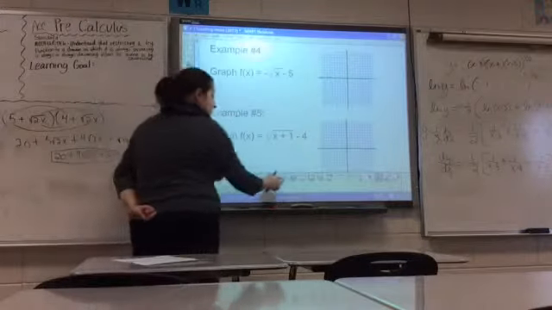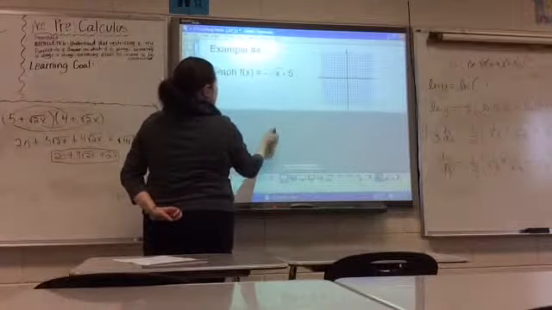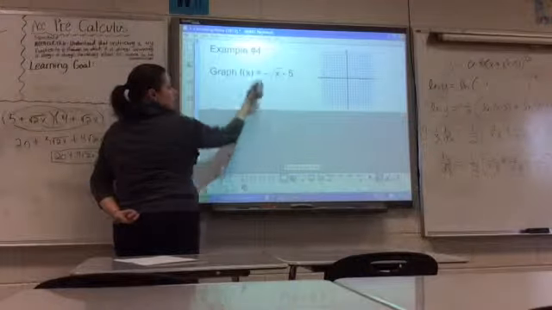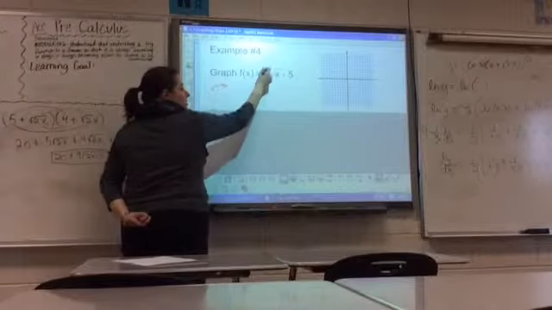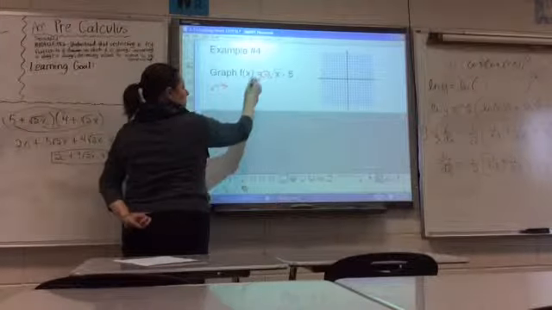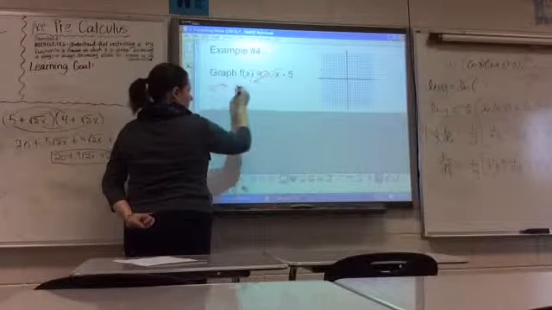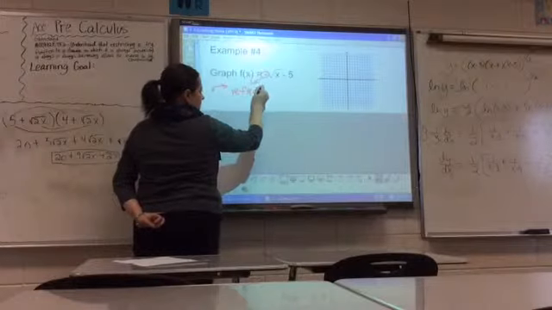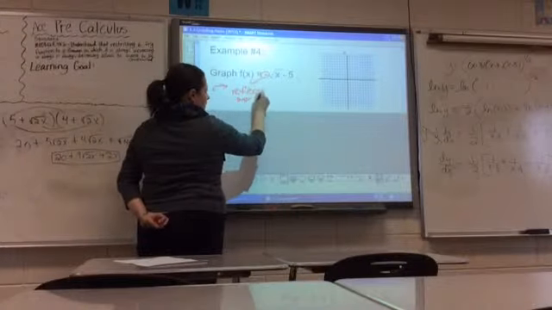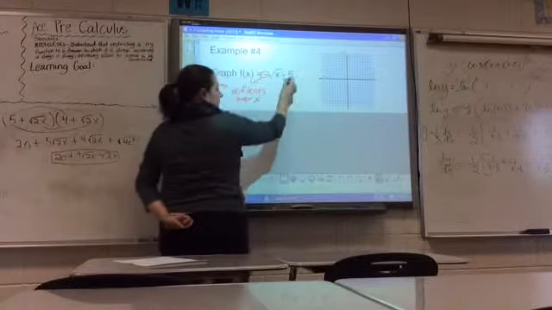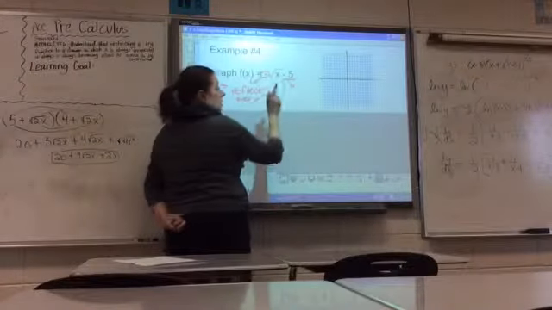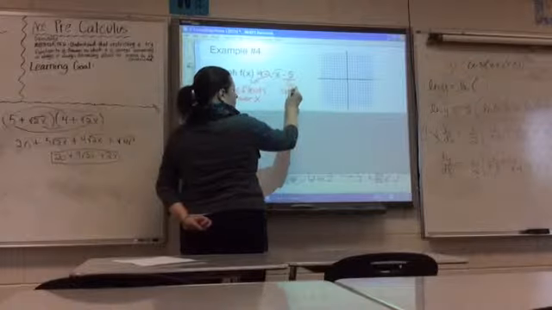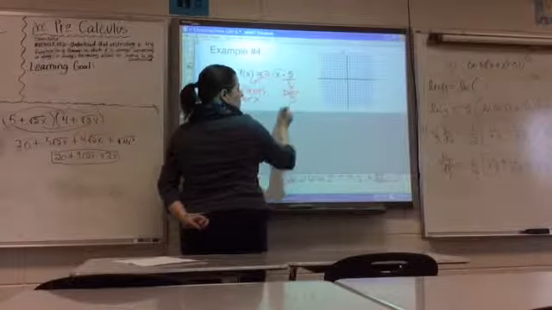Alright, let's do this one. Now, this is a square root, so it's like that. What's this doing? It reflects over x. What does this do? No. Down. Because it's not in the grouping symbols, it's down.